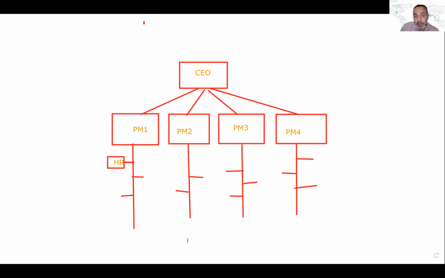This is what we call the project-oriented structure. Sometimes they call it projectized structure. You find it in the big companies who have big projects, and the projects need the kind of independence and the kind of control.